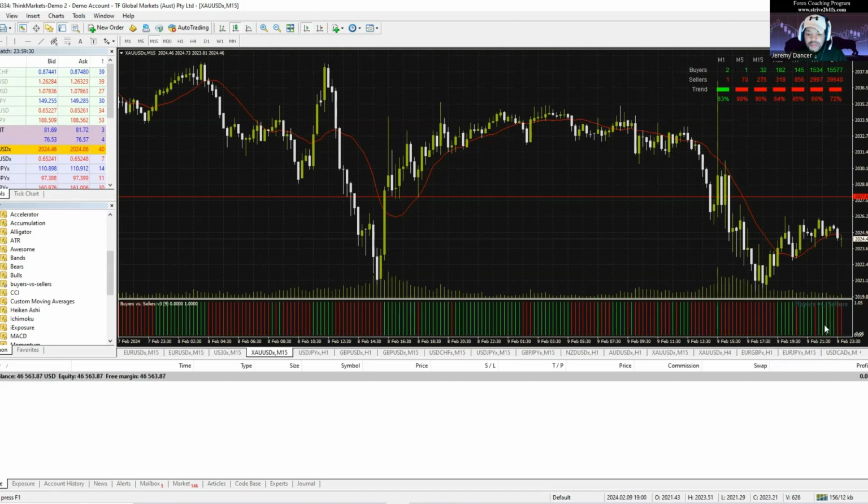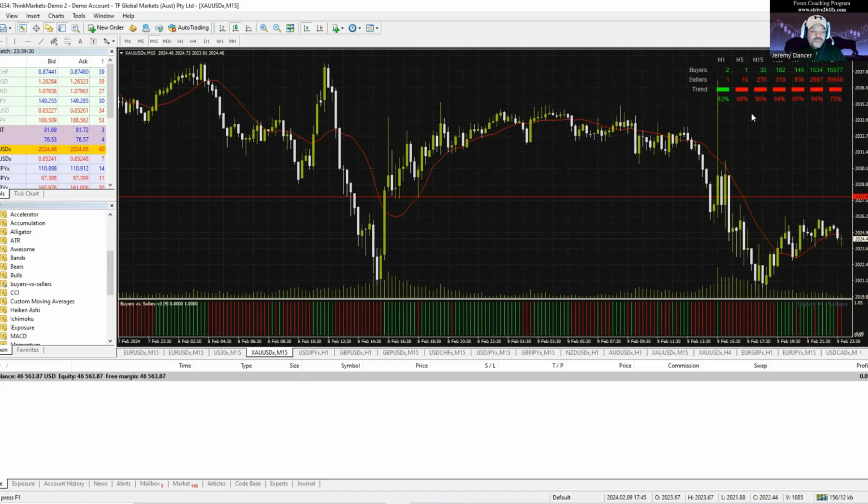So I don't put too much thought in the bars because as you can kind of see, they're always changing. But they do provide a nice visual. But what you really want to use this indicator for is this information right here.